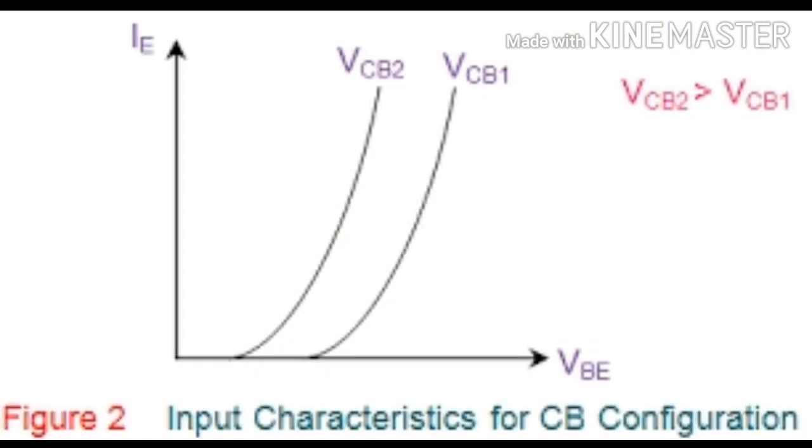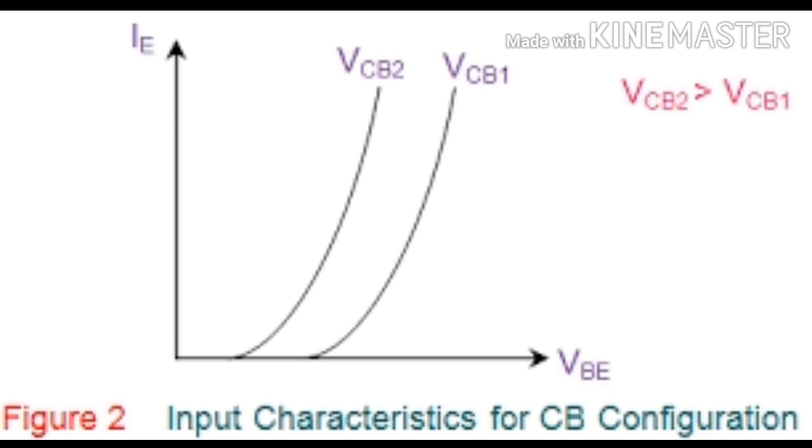The CE mode, that is the study of the common emitter characteristics of an NPN transistor, is shown in the figure. The input or base characteristic curve is drawn between VBE and IB at constant VCE.